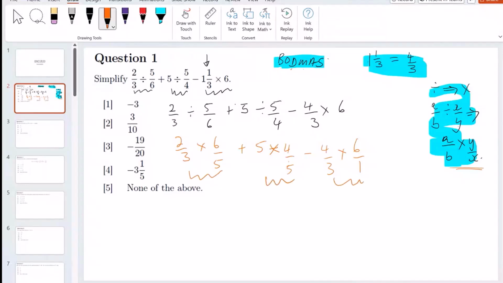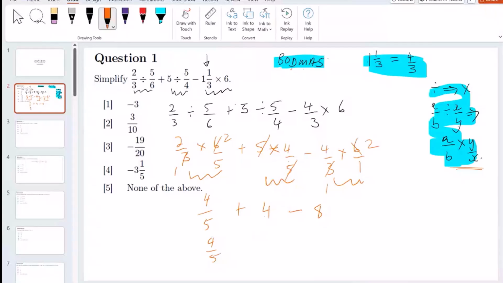Now multiplying that, this is 2, so this is going to be 4 over 5. This can cancel out, which is plus 4, and this one goes 2 times, so this is minus 8. So now it's 4 over 5, and then 4 minus 8.